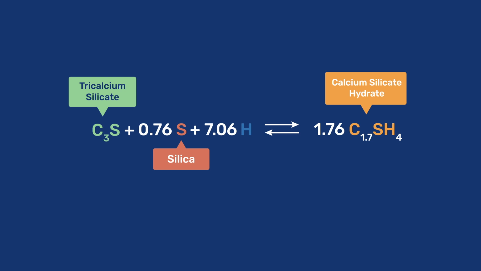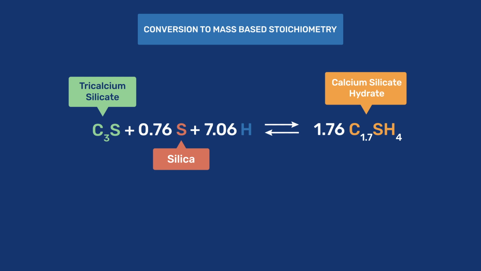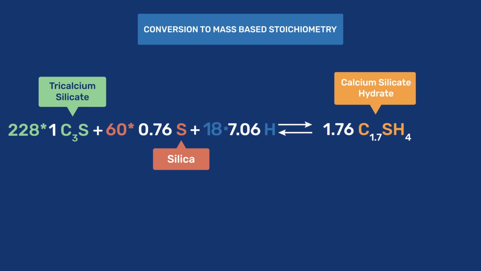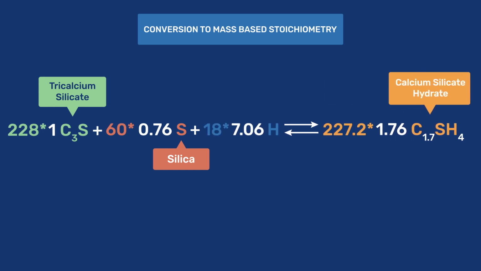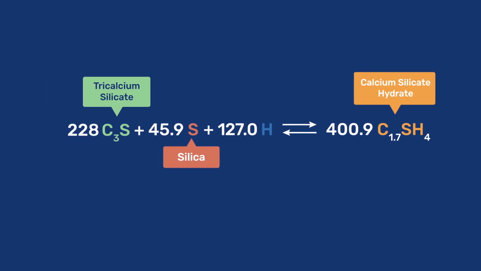So 1 mole of C3S can at most react with 0.76 moles of silica. Let us convert this to mass units with respect to 1 gram of C3S. For this, we first multiply each term by its molar mass, respectively 228, 60, 18, and 227.2 grams per mole to obtain stoichiometric coefficients expressed on a mass basis.